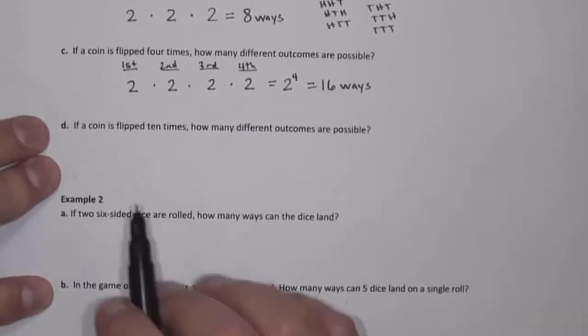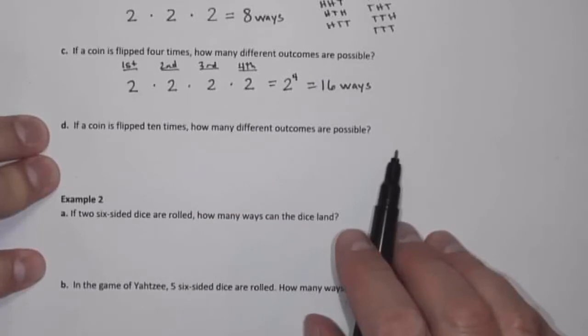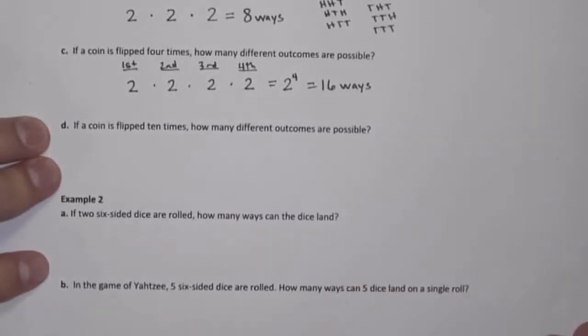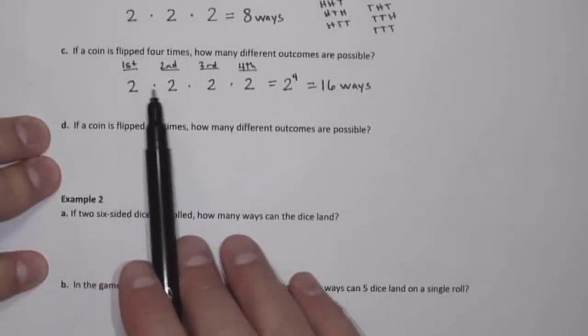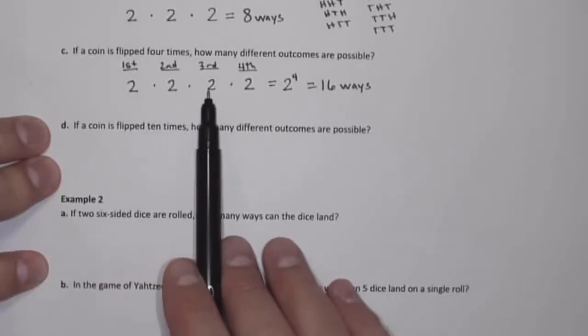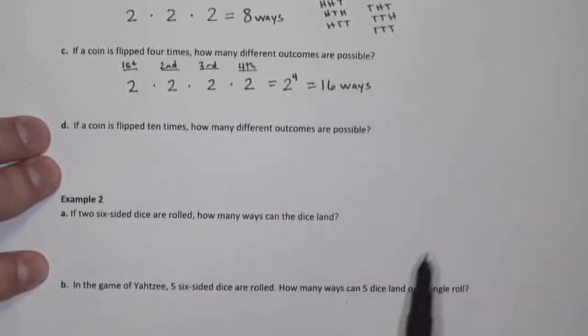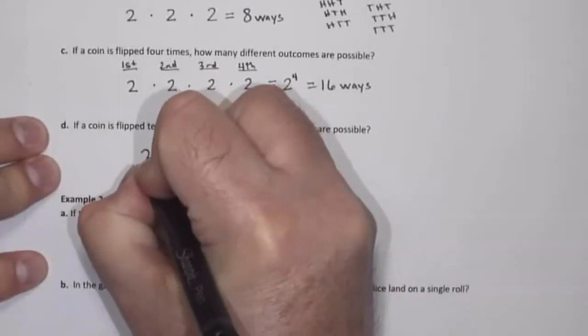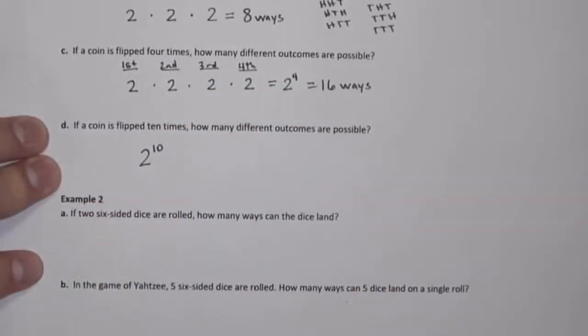D. If a coin is flipped 10 times, how many different outcomes are possible? Well, do you see the pattern that's happening here? So I would have 2 outcomes for the first, 2 outcomes for the second, 2 outcomes for the third, and the fourth, and the fifth, and the sixth, and the seventh, and the 8th, and the 9th, and the 10th. So there would be 2 to the 10th power different ways that this could occur.